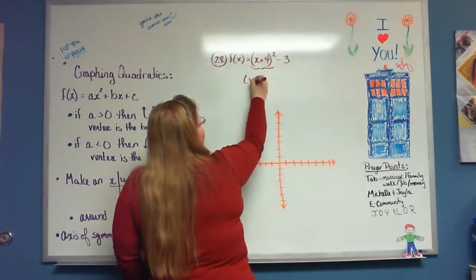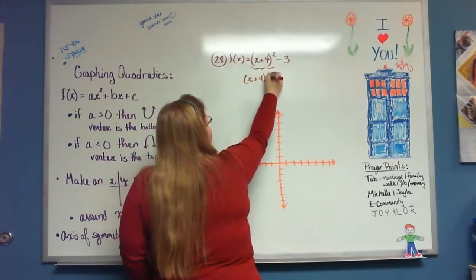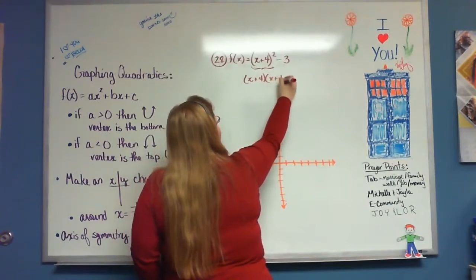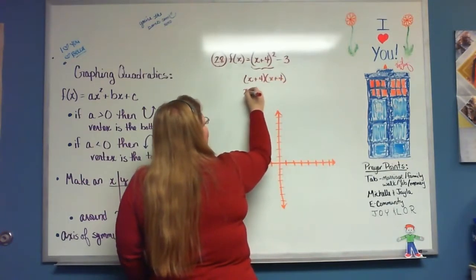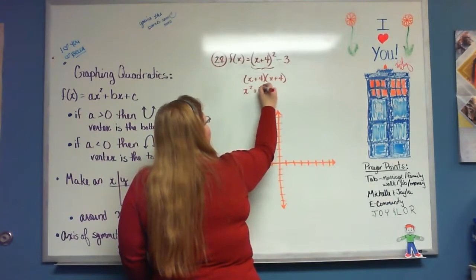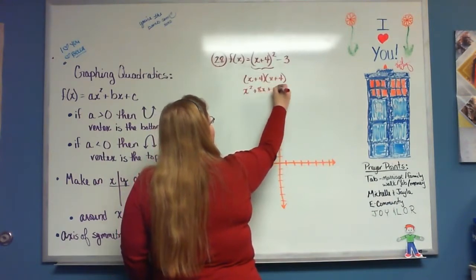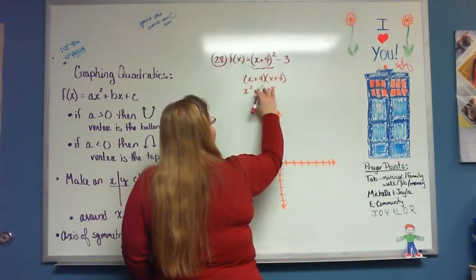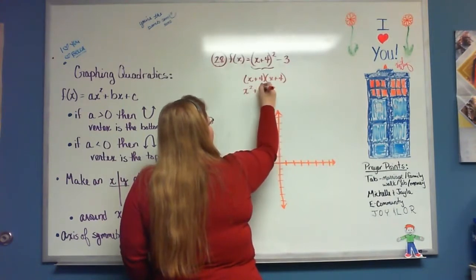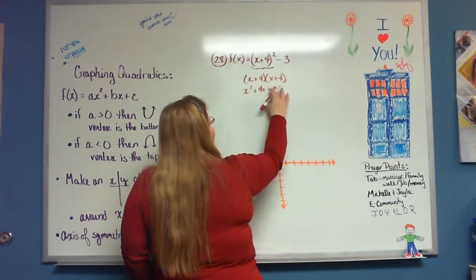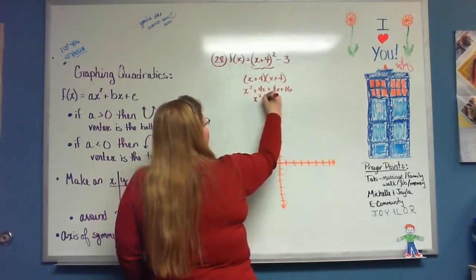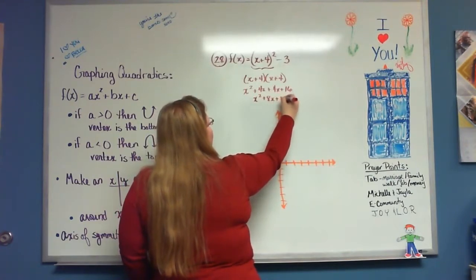So we know that's really x plus 4 times x plus 4, which is going to give me x squared plus 8x plus 8, oh sorry, I'm doing stuff in my head again, plus 4x plus 16. So x squared plus 8x plus 16.